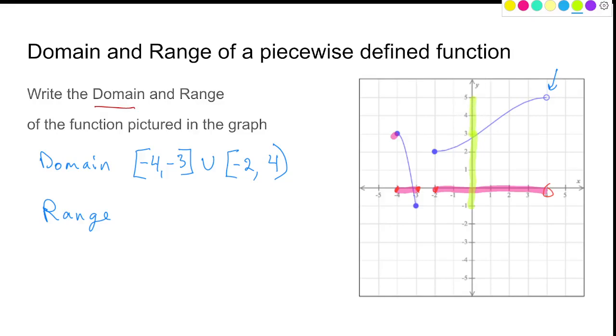And let's come back here. So negative 1 is included. Notice I'm reading y values in this case. And then I go up all the way to 5. All of this stuff in between is included. But when I get to 5, I've got an open circle. So for my range, I'm going to go with a bracket, include negative 1, go all the way to 5, but not include it.